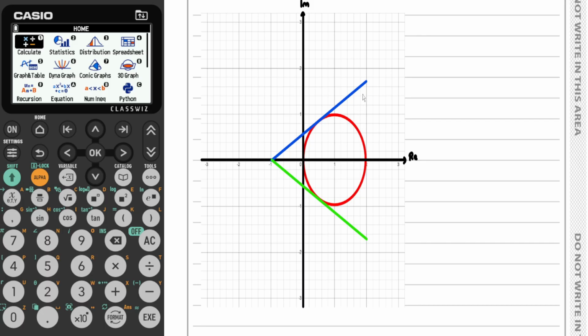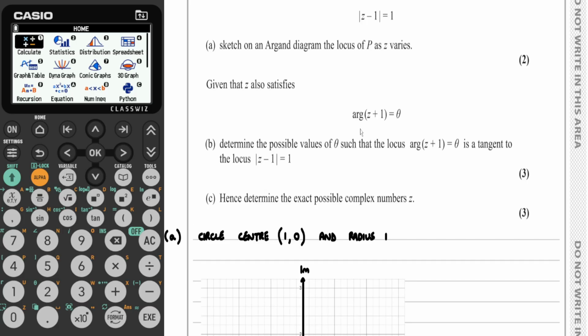Here you can see we've got our tangents, and you will notice they are from the point −1. And that's because for these half lines we have arg(z + 1) = θ, and so the centre would be (−1, 0).